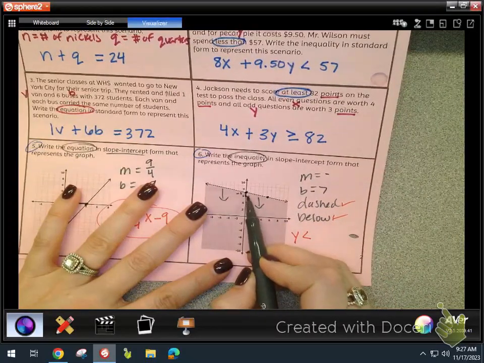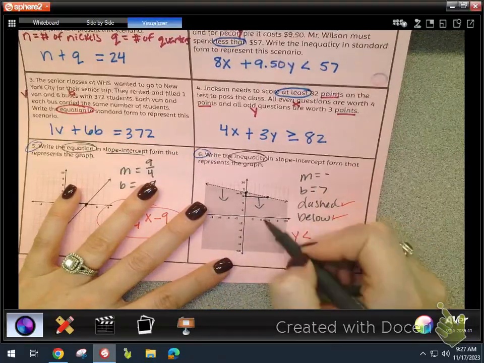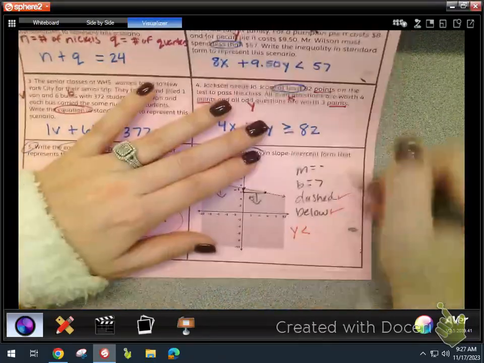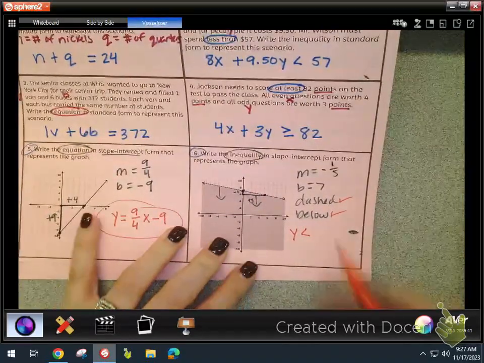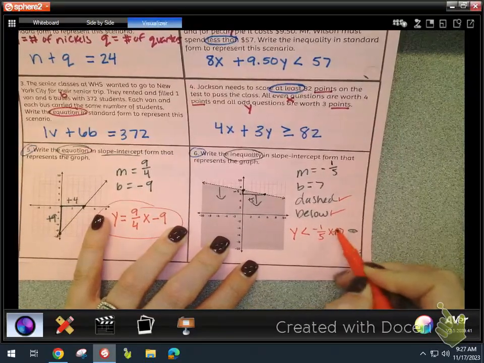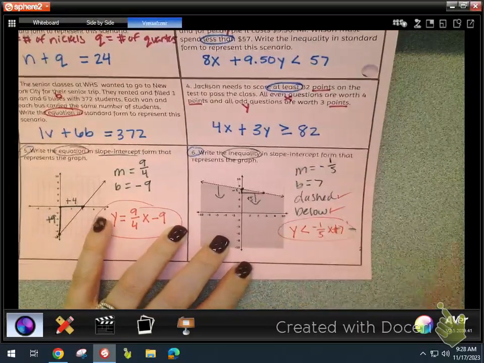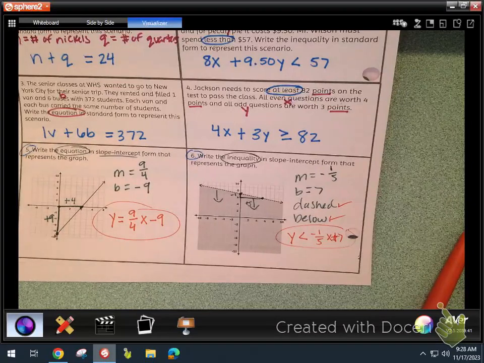Down 1. And on the x, I went over 5. So my slope is negative 1 over 5. Whew, tiny graphs, hurt my eyes this morning. So my equation is y less than negative 1/5 x plus 7. What was different was that I had shade on my graph, so I didn't have an equal sign. I had to pick my inequality sign. And we're going to come back to that.